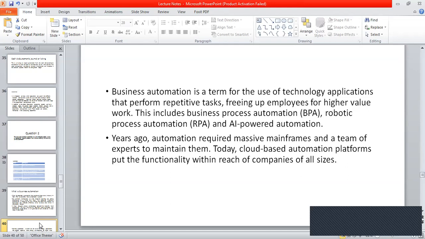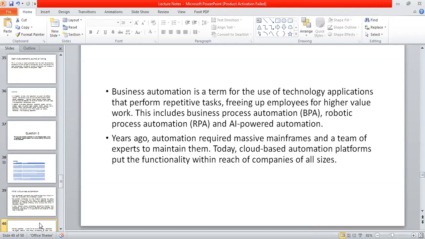In yesteryears, automation usually used to require massive computer packages, some big computers, mainframes, and the like. But today, with the coming of cloud-based automation platforms, it is much easier to automate any process, and it is within reach of many companies, even small companies, and very affordable in terms of price.